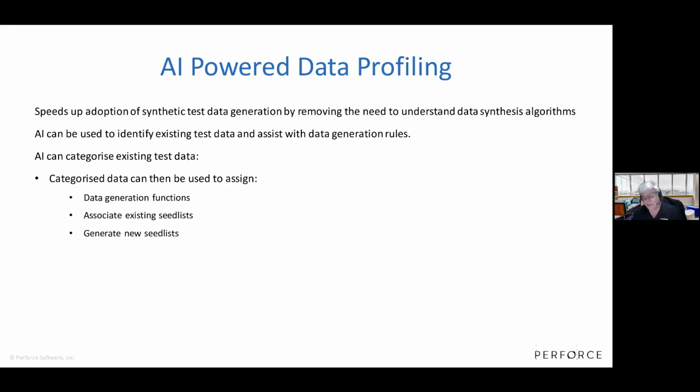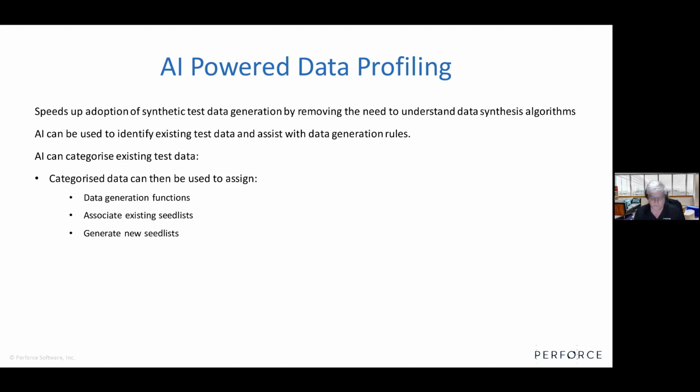Now, in BlazeMeter, we use AI for several different approaches. And the first one is around data profiling. What we mean by data profiling is you've already got existing data. That data quite possibly is in a CSV file, and you're already using that data for your test.